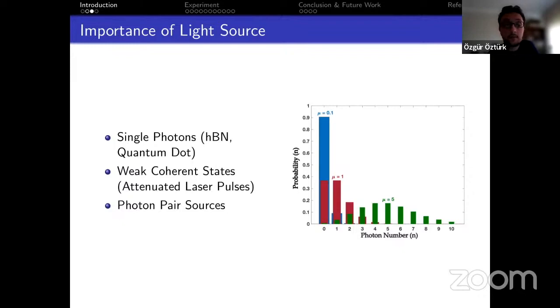But with single photons, due to the principles of quantum mechanics, if the eavesdropper tries to measure a single photon, the eavesdropper cannot clone it and send Bob another identical state.